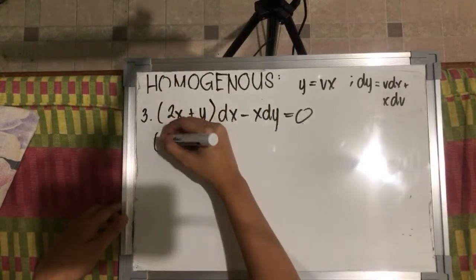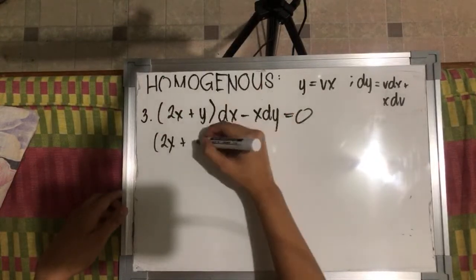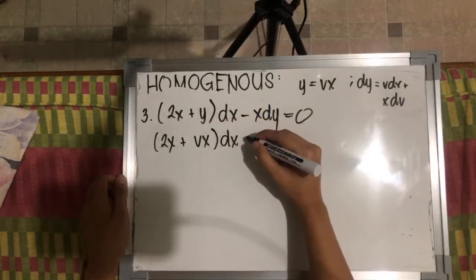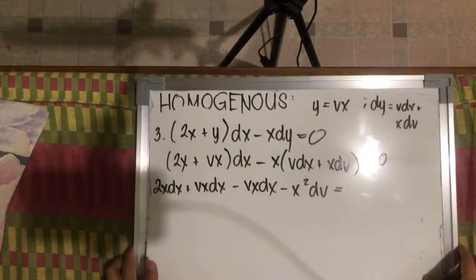So, magiging 2x plus vx times dx. Ayan. Okay na ba?